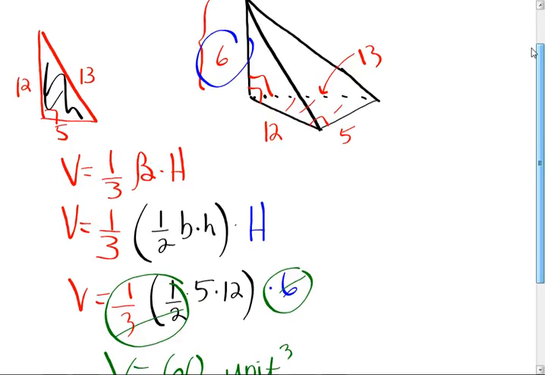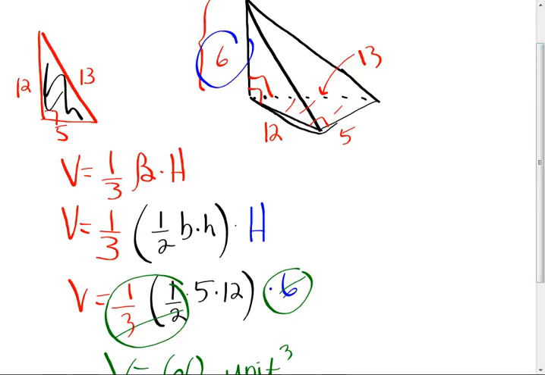So if I want the surface area of this, I have to have this bottom triangle, which I have. It's 1/2 times 5 times 12. That's 30. And then I have, can I do it? I don't know if I can do it. I could do this one. This is 6 times 12.